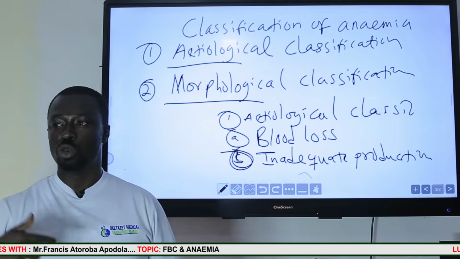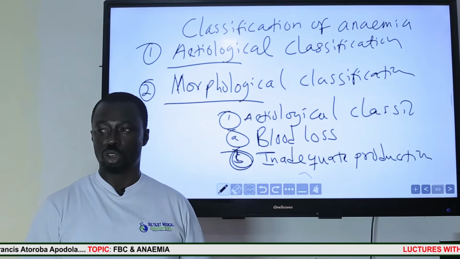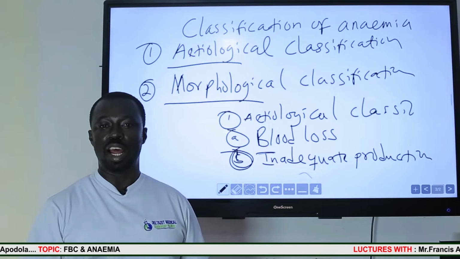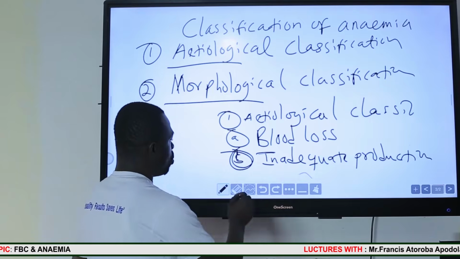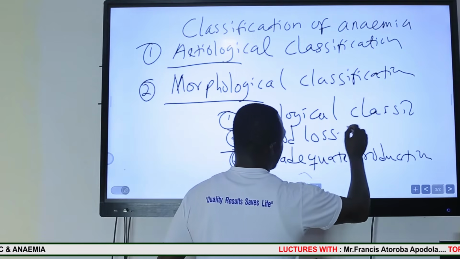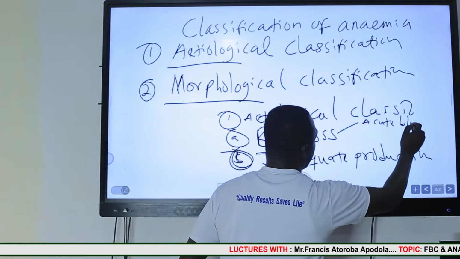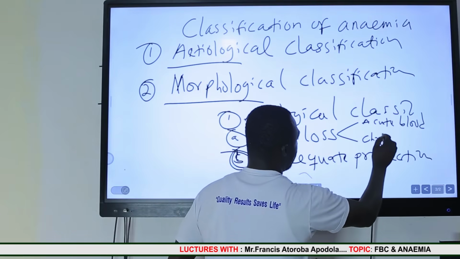Then the doctor will be able to establish. The doctor will also ask, when you go to the washroom, do you pass out blood in your stool, to know whether you are bleeding through your GIT. So under the blood loss, we can have acute blood loss, and then we have what? Chronic blood loss.